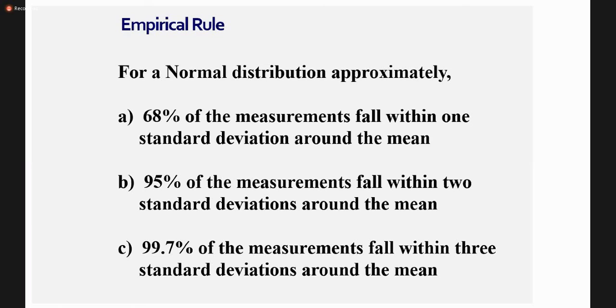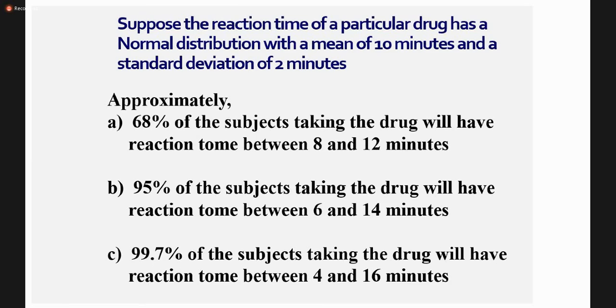So 99.7% corresponds with the 3 standard deviations around the mean, and it says that for the whole distribution you have captured 99.7% of the observations. So suppose the reaction time of a particular drug has a normal distribution with a mean of 10 minutes.